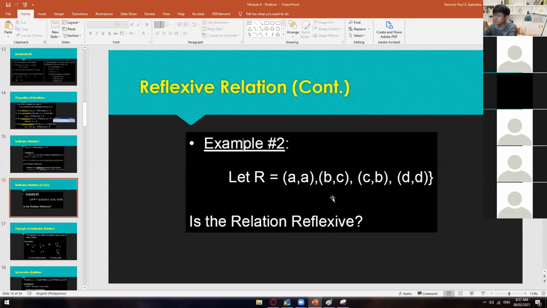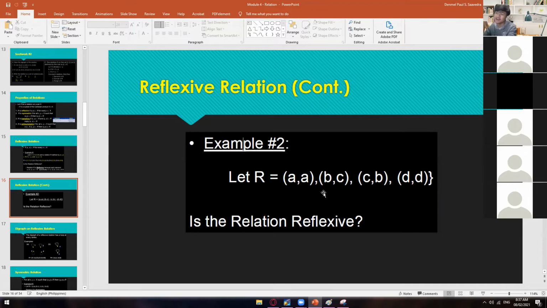But how about this example? Is this reflexive or no? Sir, I actually thought that so far some of the elements are reflexive.